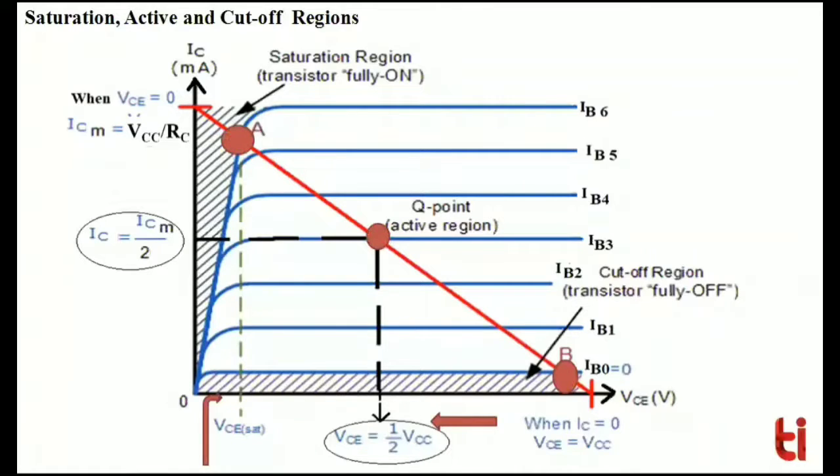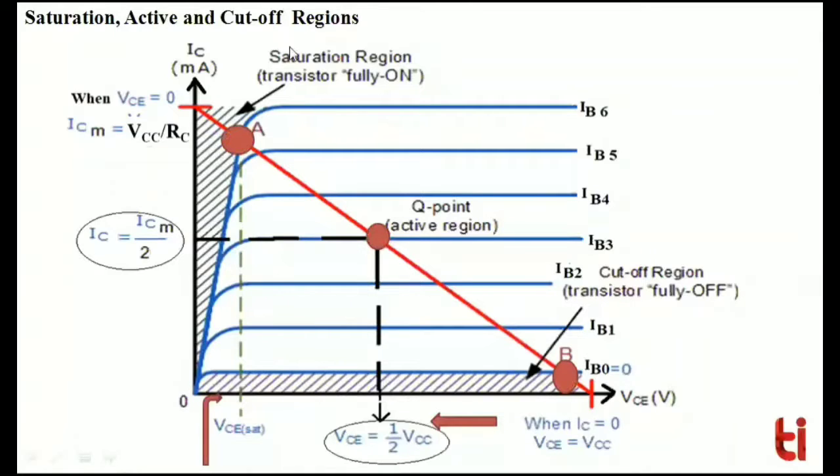So, the given output characteristics of a bipolar junction transistor, which is biased in common emitter configuration, has 3 different points and 3 different regions. First point is the cutoff point. This is the intersection between the load line and the IB equals 0 curve.